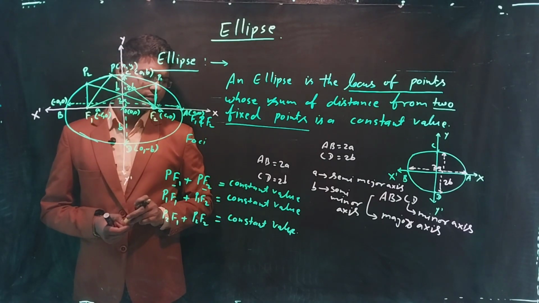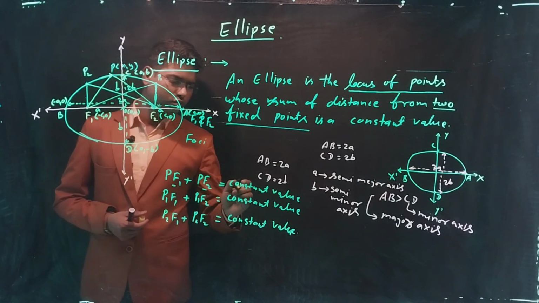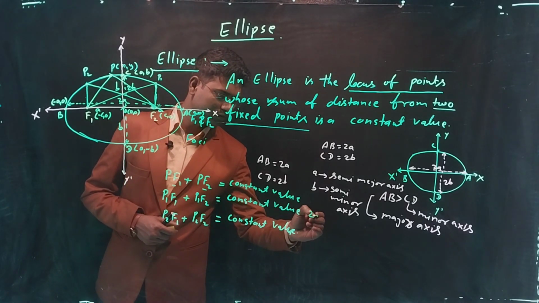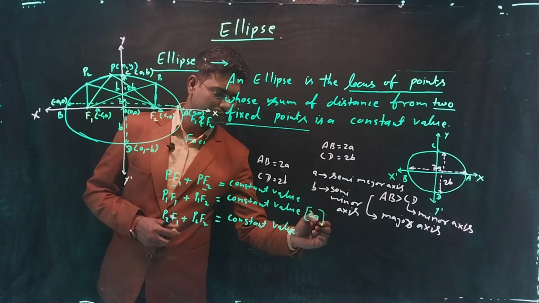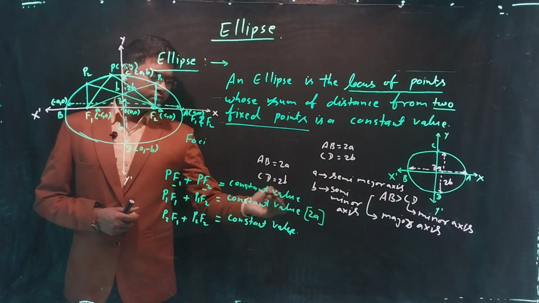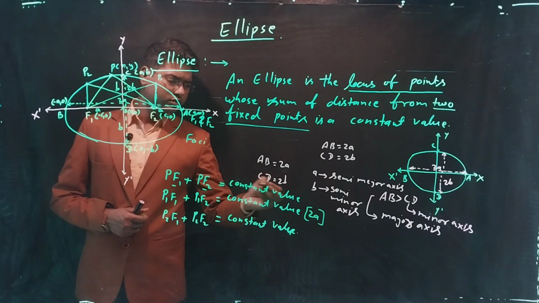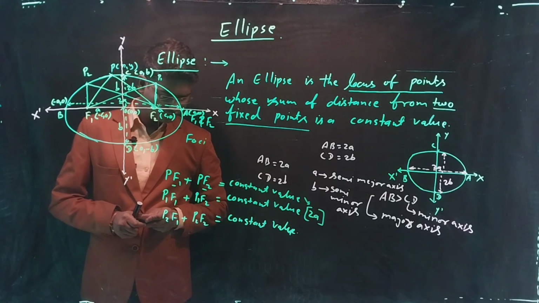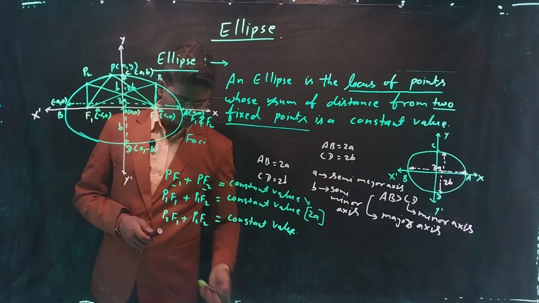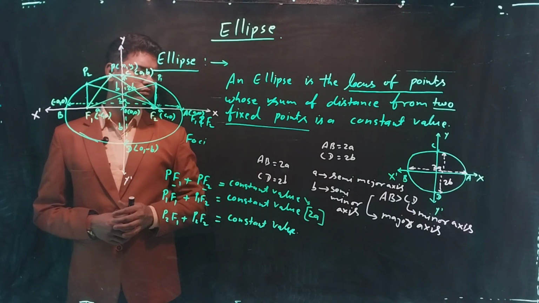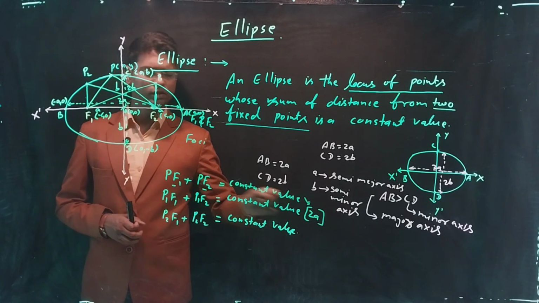Students, this constant value is nothing but 2a. This is the subject of proof. Let's prove how we can find that this constant value is equal to 2a.